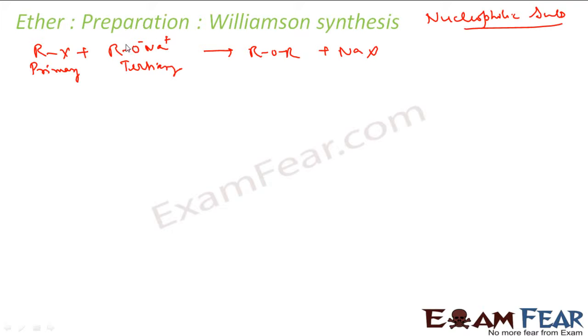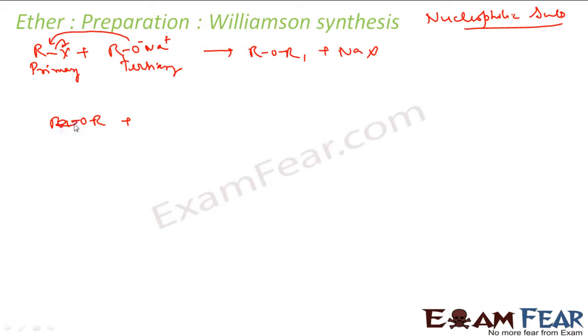So this RO minus is a nucleophile actually, it will attack this R and this X minus will come out. So with this, let's suppose this is R dash, you get R dash OR plus NaX. So this is how it works. It's a pretty easy reaction actually.